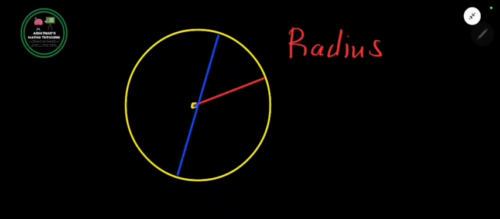You see, it passes through that center. And if you check it, it is double the radius. So what is it? It is a diameter. Okay, this is a diameter.